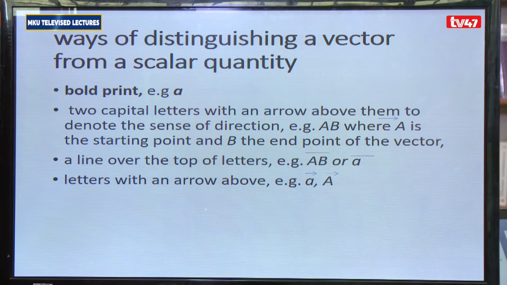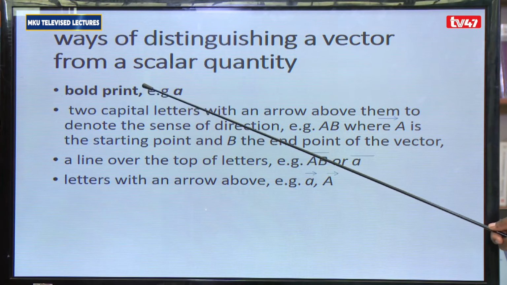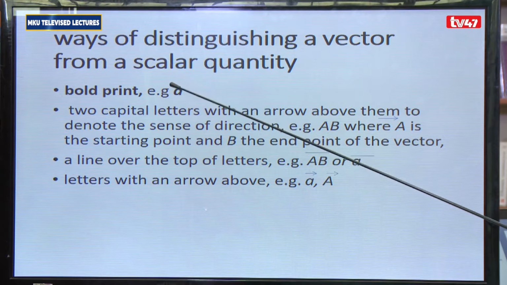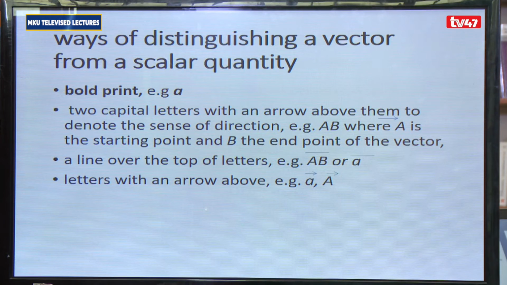Now, we have ways through which we are able to distinguish vectors from scalar quantities. The first way that we usually use is bold print. In printed work, vectors are usually indicated by bold letters. You may also use two capital letters with an arrow above them, such that the arrow shows the direction of the vector.